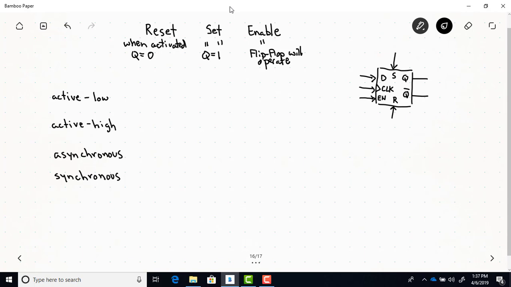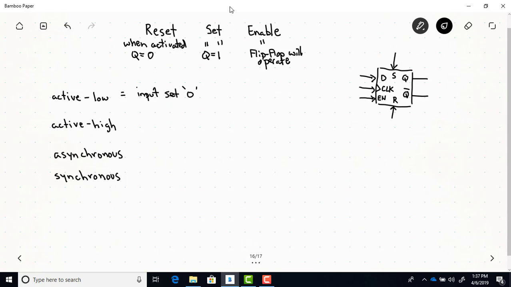Now, all of these inputs, reset, set, and enable, can either be active low or active high, and they can either be asynchronous or synchronous. Active low just means that input has to be set to a 0. When an active low input is set to 0, the function happens.